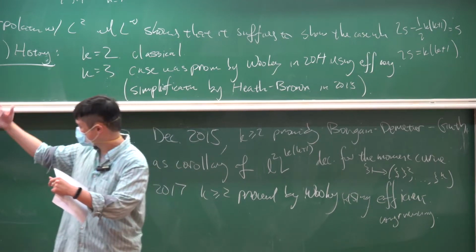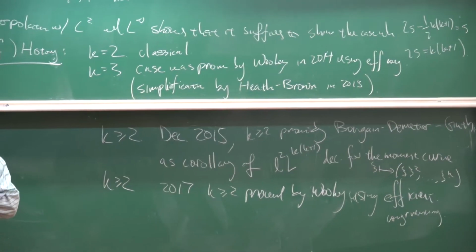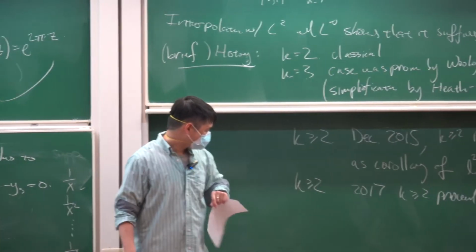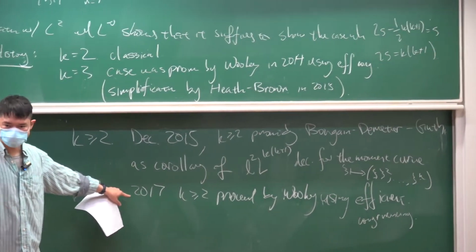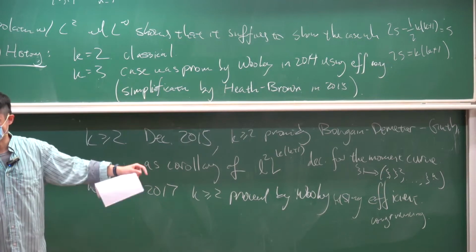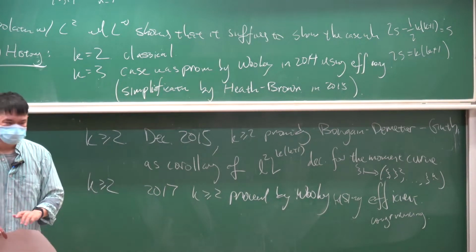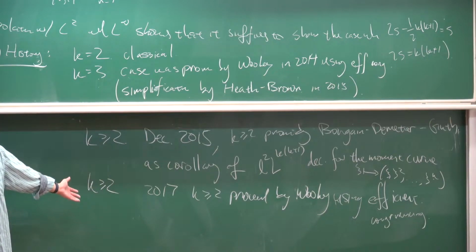So we have this harmonic analysis proof that showed this problem is just a corollary of the decoupling for the moment curve. And then you have the number theory side of things, where you showed that this problem is a consequence of some number theory things. Then people started asking, are these two proofs related?